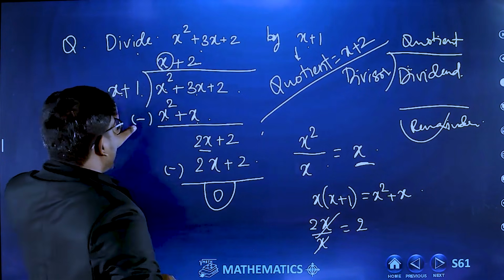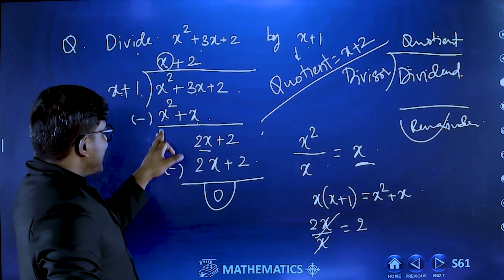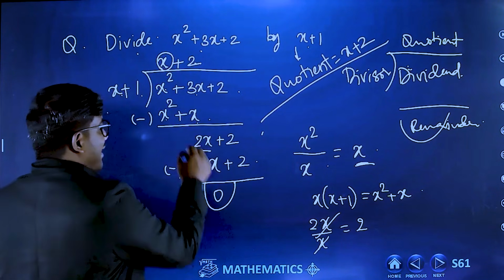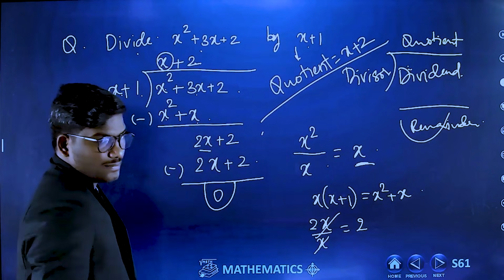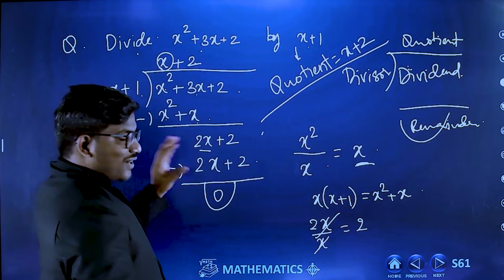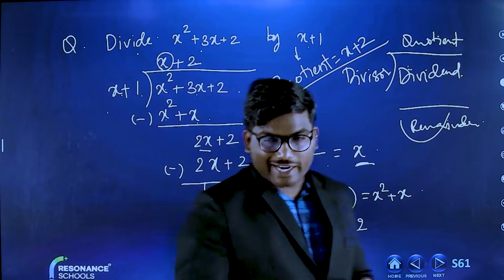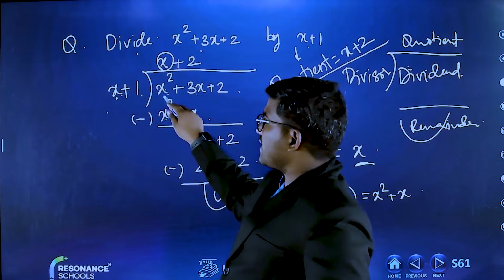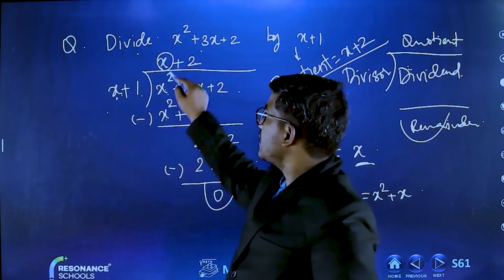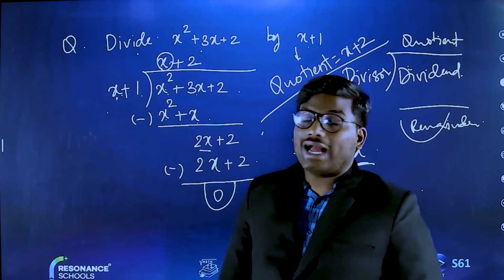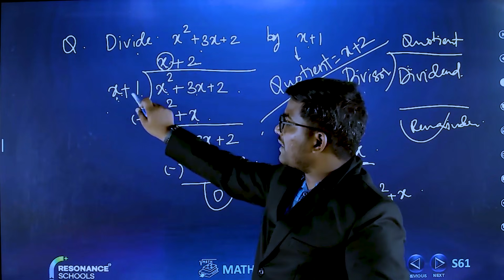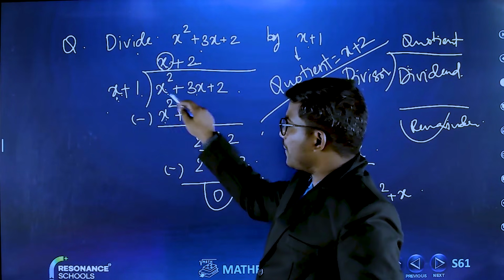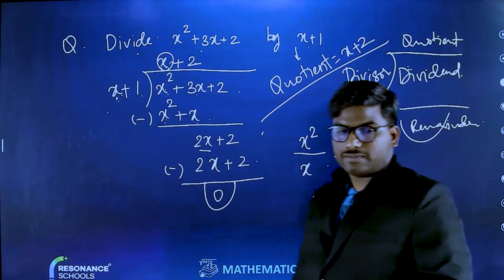So x times x plus 1 is x square plus x. So I'll write x square plus x here, right? This is the first step. I'll try to understand what when multiplied with x here gives x square. It is x. So x will be written here and x multiplied with x plus 1 will be x square plus x, which will be written here.